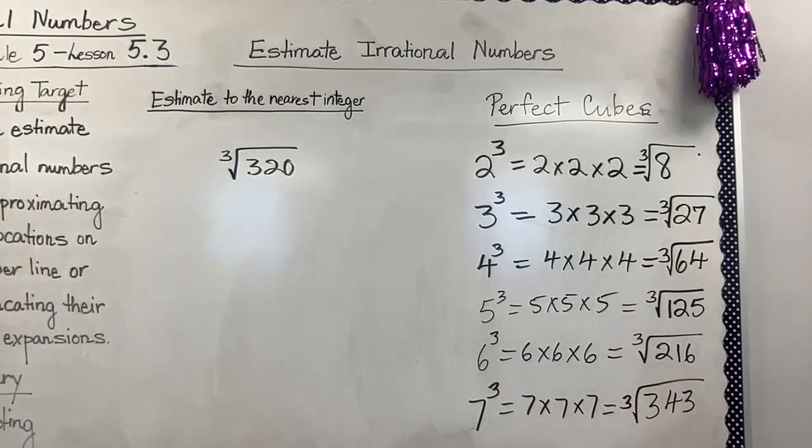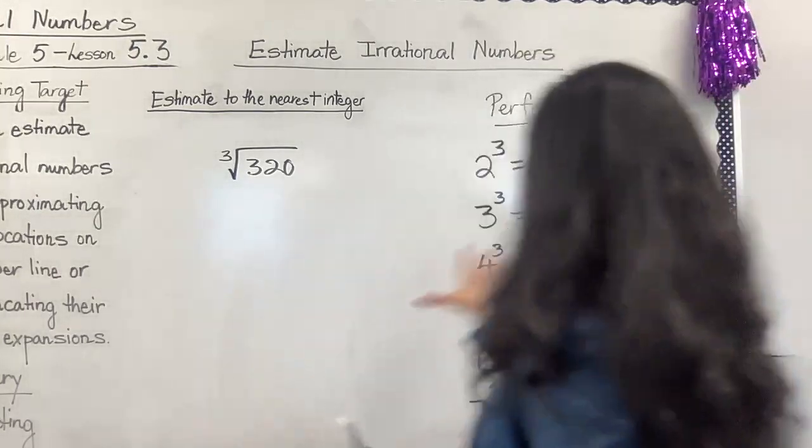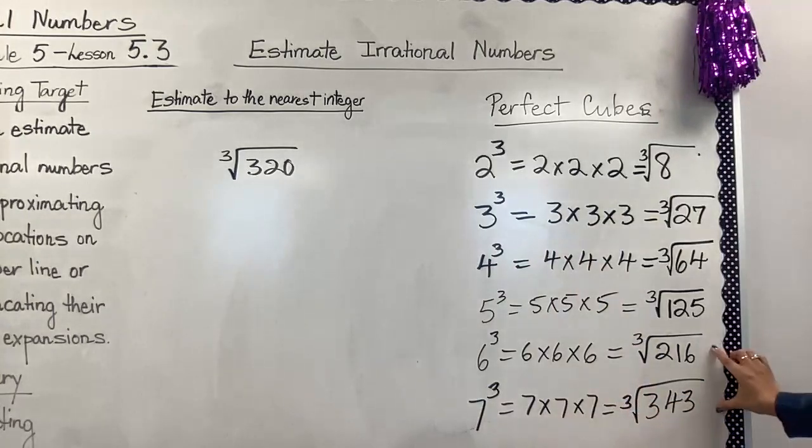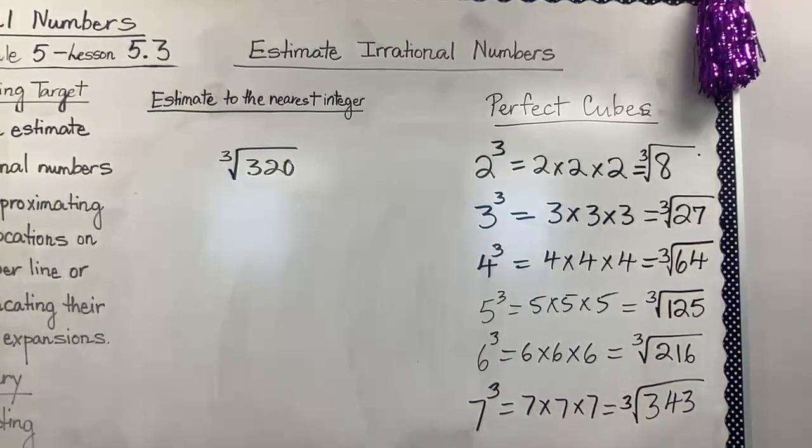Okay, so therefore, let's look at this. We are looking at the perfect cubes between which the cube root of 320 lies. So if I'm looking over here, I can see these two numbers, right? So it's going to lie between the cube root of 216 and the cube root of 343.